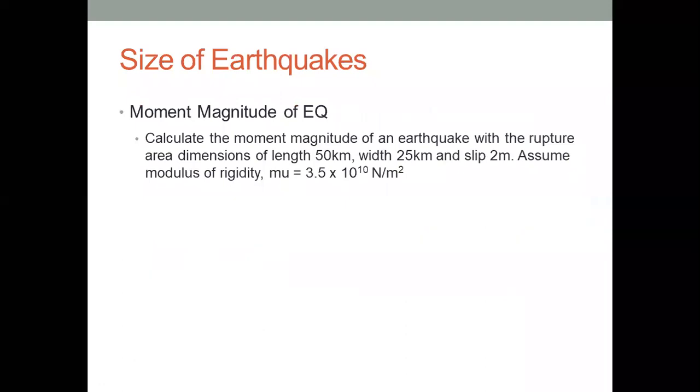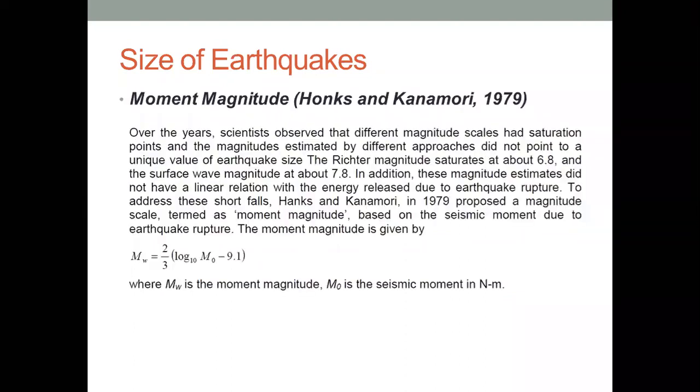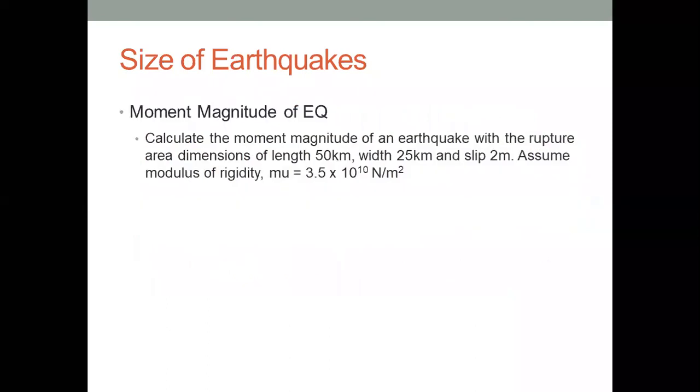So log of this value, 19.9, minus 9.1. So 7.22 is coming. How much do you get? You tell me. 7.22, sir.